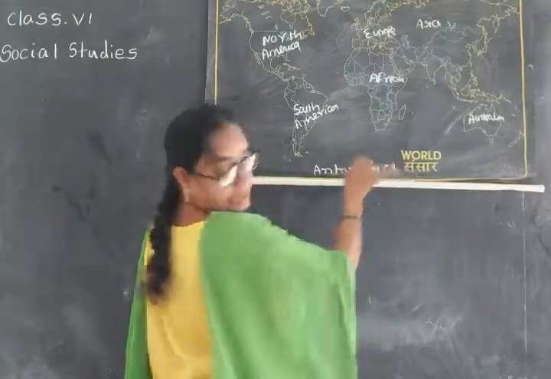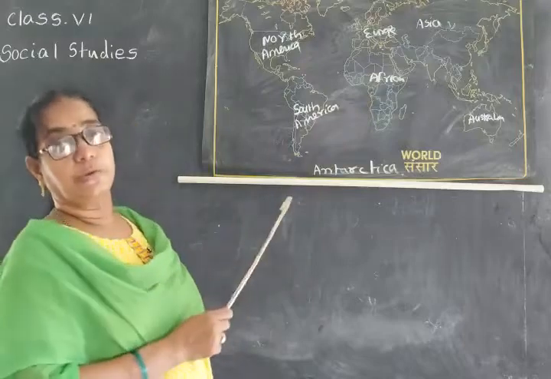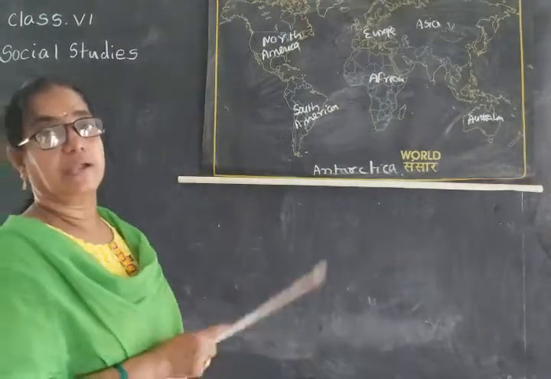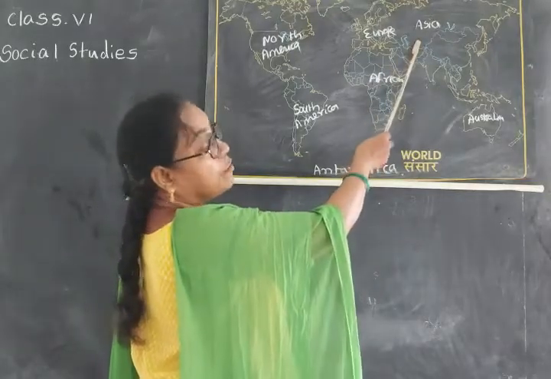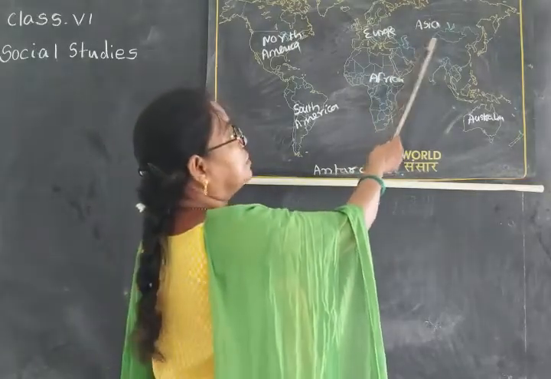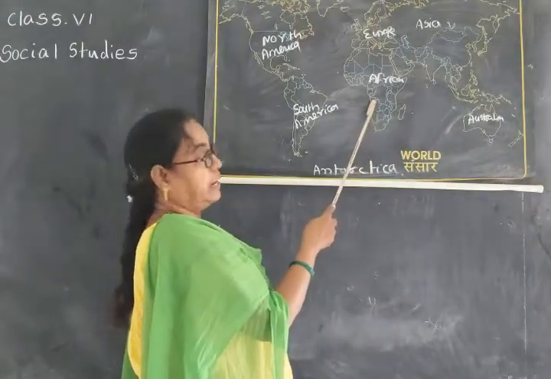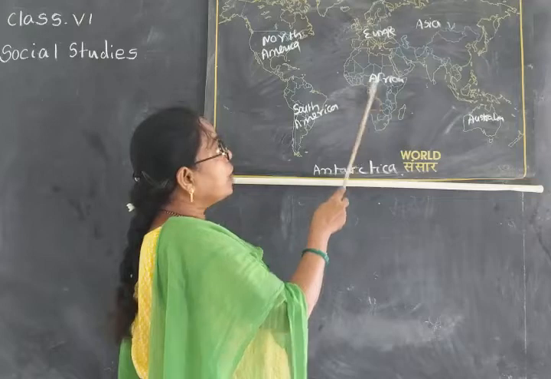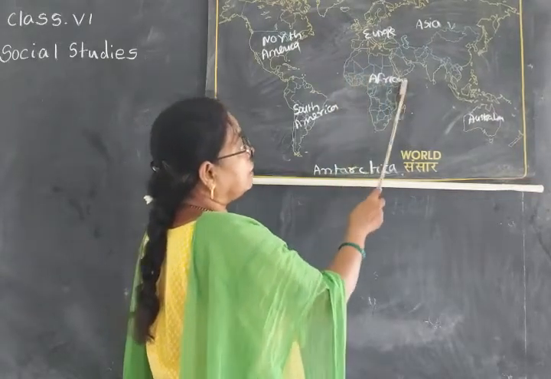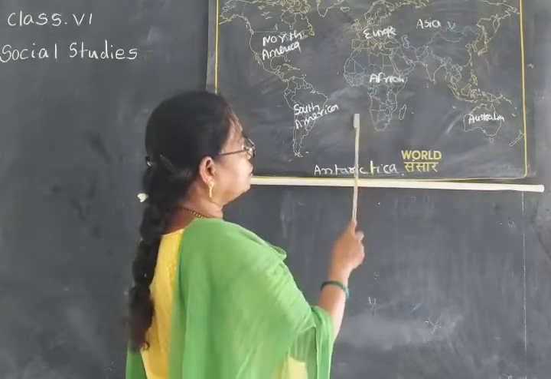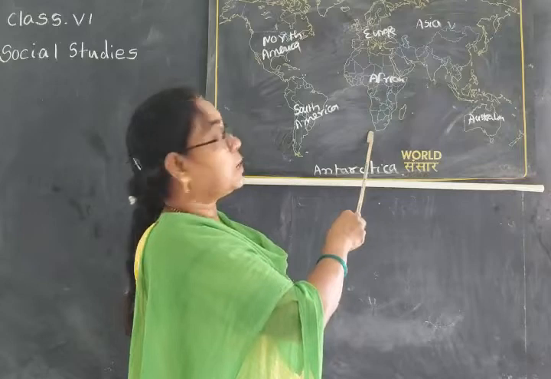Again, on the world map we are going to locate the 7 continents. The biggest continent is Asia, which occupies 1/4 of the land surface. Next one is Africa, the second largest continent. The Equator, Tropic of Cancer, and Tropic of Capricorn, all these 3 latitudes pass through it.